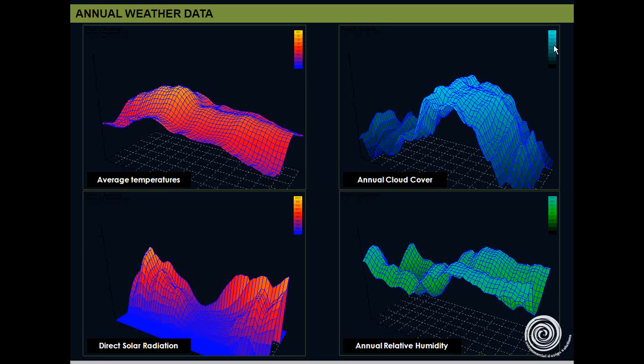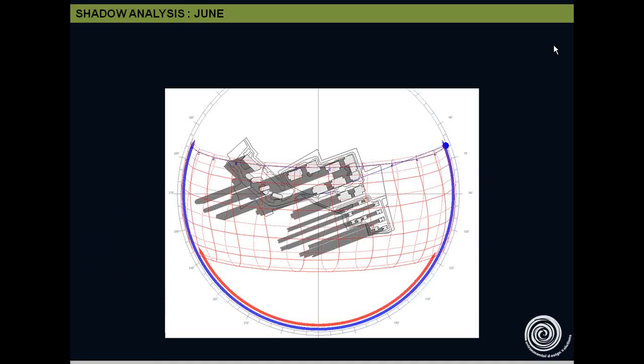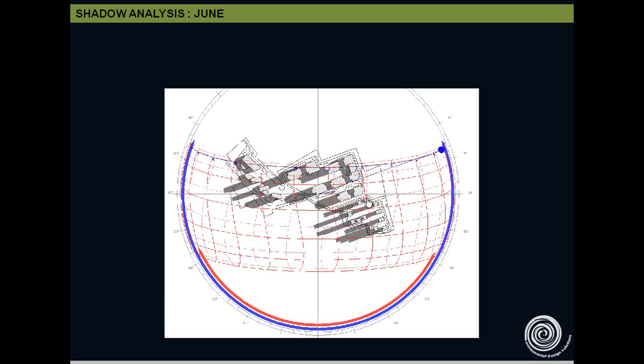Site level analysis helps us in understanding the site-related issues, the surrounding issues, what kind of mutual shading is done by the surrounding buildings, whether they are blocking the daylight or blocking the wind movement. There are tools available that help you in analyzing the shadow and other aspects.